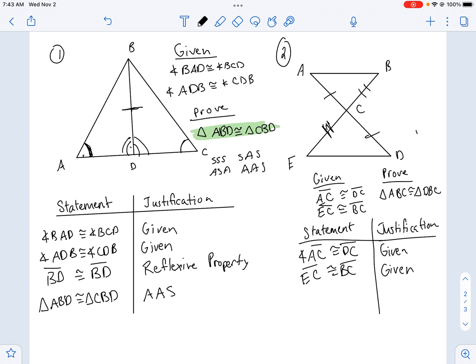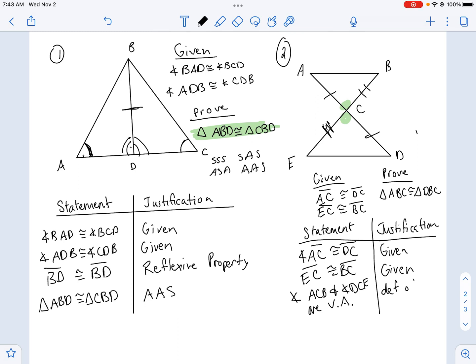Do they share a side? No. Is this an hourglass or a bow tie? Yes. So that means I have vertical angles right here, ACB and ECB. All right, so angle ACB and angle DCE are vertical angles.